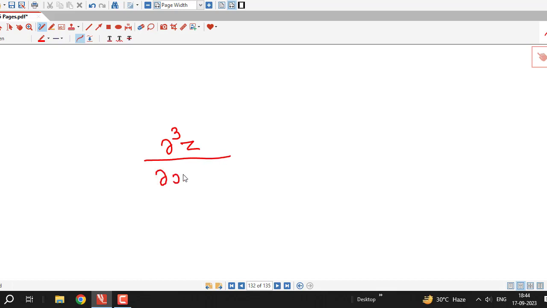Suppose I am interested in the notation for del cube z by del x square del y, then there is derivative of z with respect to x 2 times, that is D square, and derivative of z with respect to y single time, that is D dash and z.